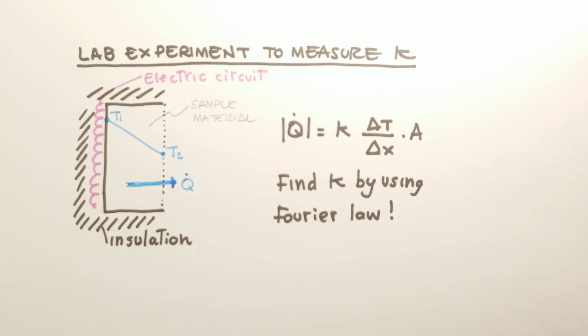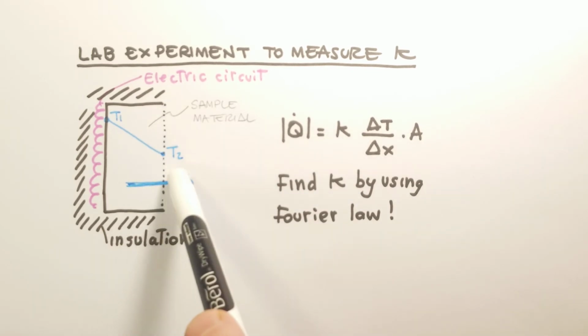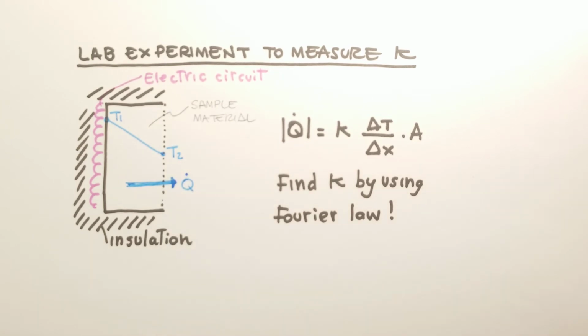Everywhere is insulated. So, of course, the electric circuit will warm this part of the solid, and the temperature will be T1, so we can measure that temperature. Whereas the temperature on the other side of this wall will be T2.